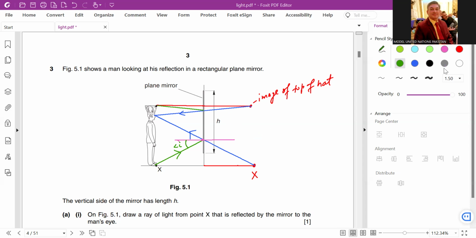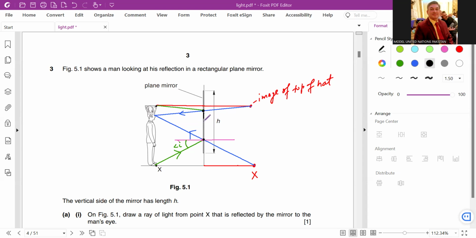Now the length of the mirror required is this region, from this point to this point.